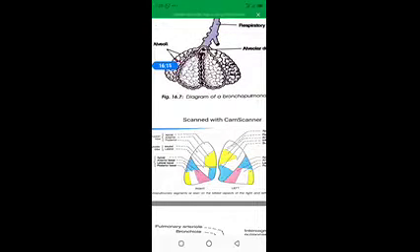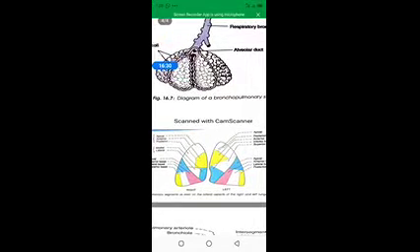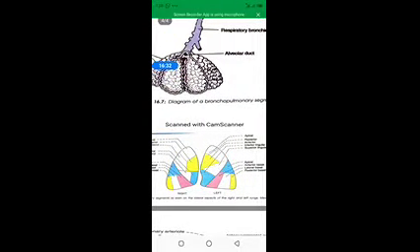The pink color is the anterior basal, the white one is lateral basal, and yellow is the posterior basal. The superior one is not visible in this tree diagram. If it were 3D, you could see that.